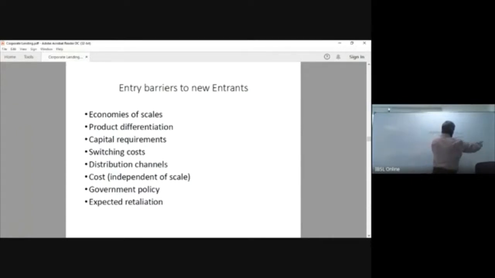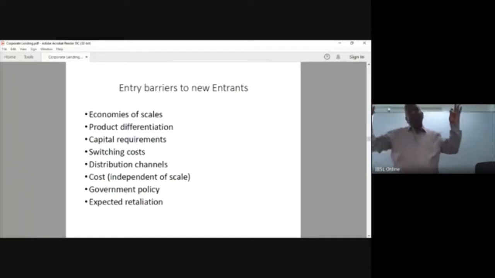It is distributed among the number of products. So when more and more products are produced, the cost of production per unit will come down, and it will come to an optimum level. At the optimum level, the cost of production per unit will be the minimum.